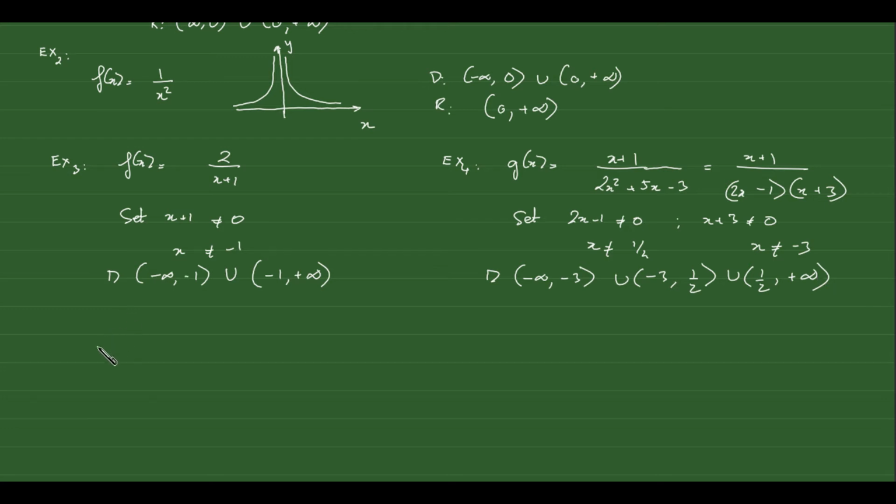Of course, there are more different types of rational functions. For example, I can have x squared plus 1 on the top, and the bottom I have x minus 2. It could be something like that. You see that the degree of the top here is bigger than the degree of the bottom.